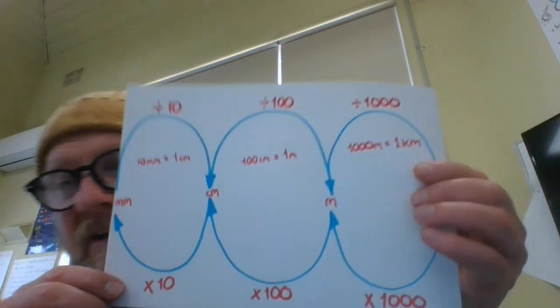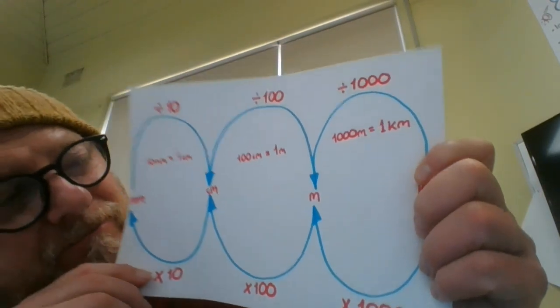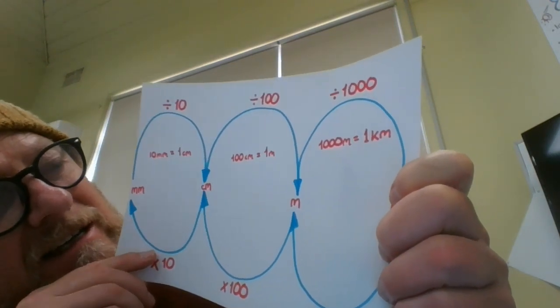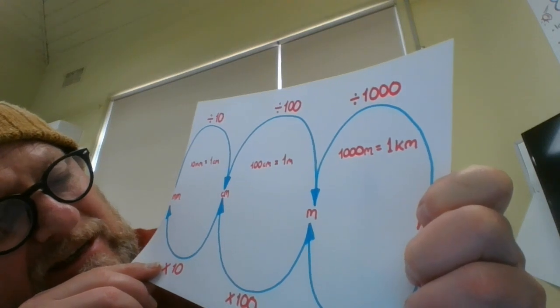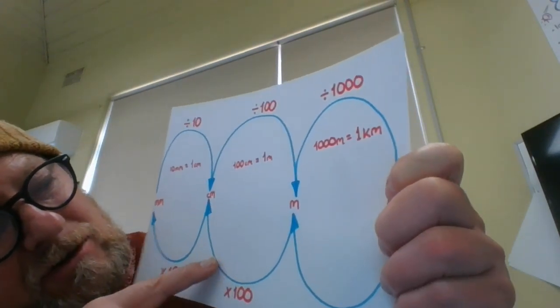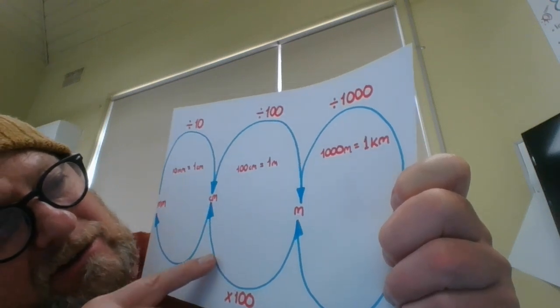Okay, watch the attached video which explains how centimetres, millimetres and kilometres are related. And I'm going to relate a little bit of that to you now. If we want to understand how many millimetres are in a centimetre, we move to the right and multiply.